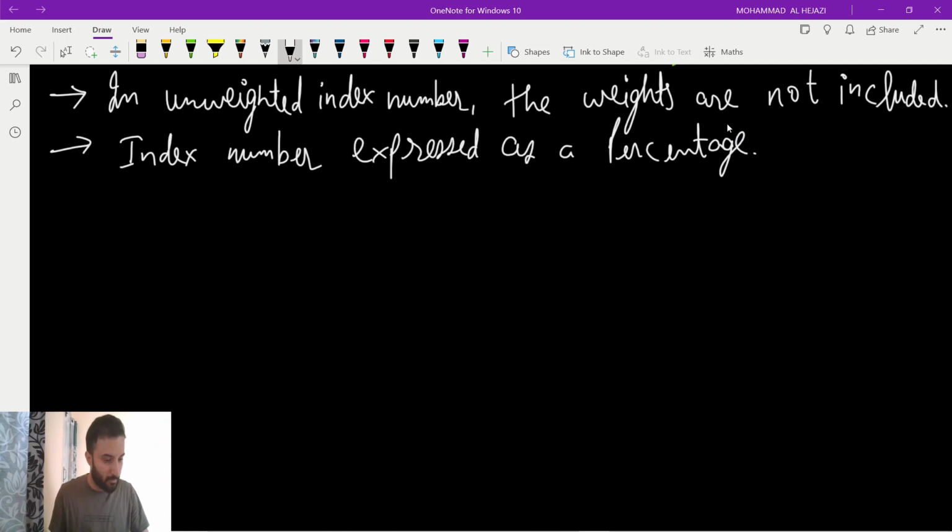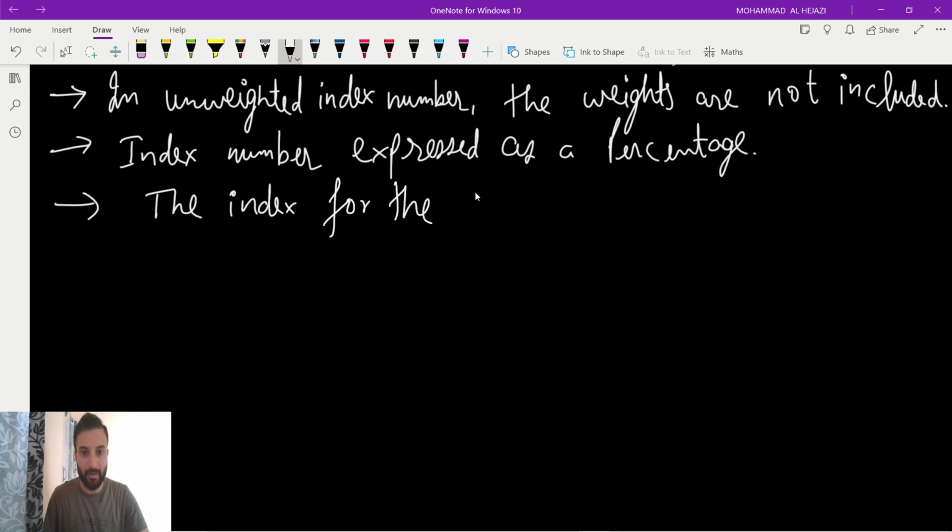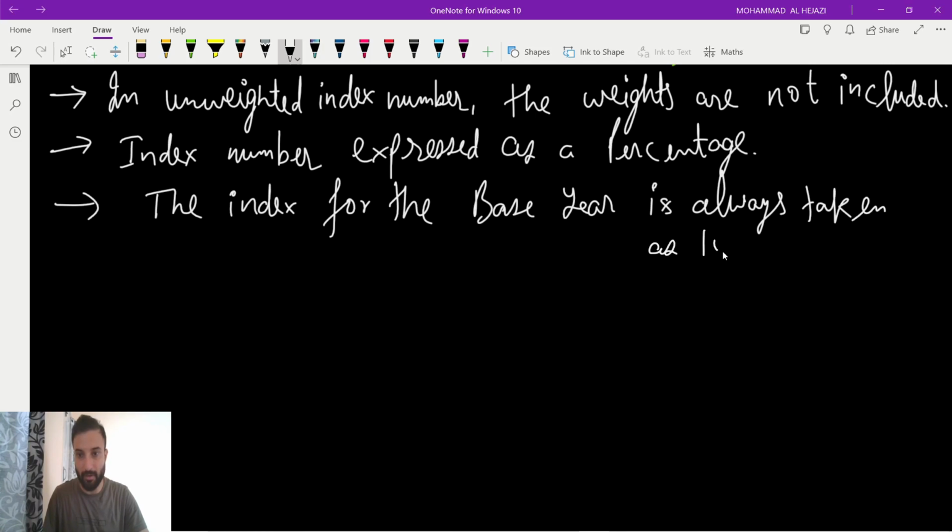Now unweighted index number is done. Next, the index for the base year is always taken as 100.